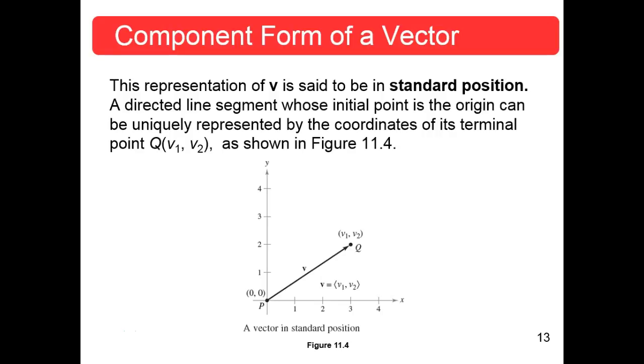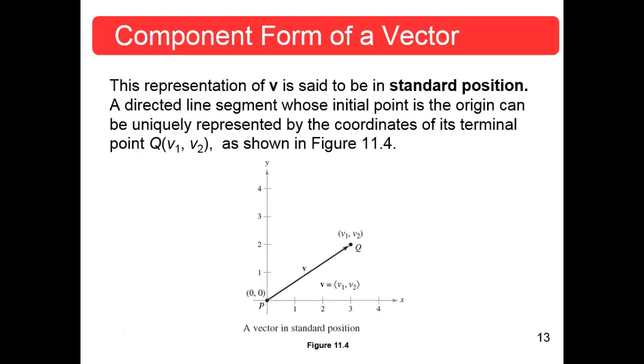Now, here's a little bit of nomenclature, the convention for how we represent this. When we're talking about this point up here, Q, we give the horizontal component and we give the vertical component.